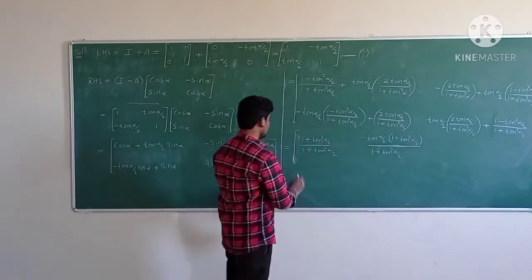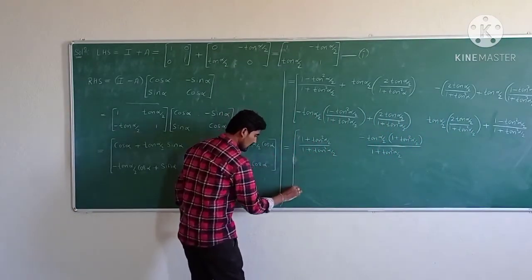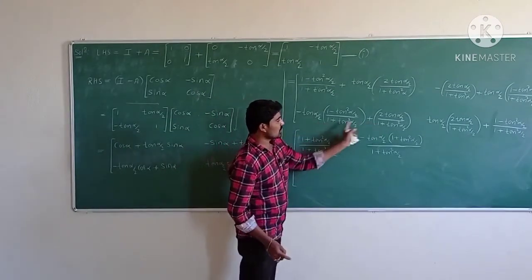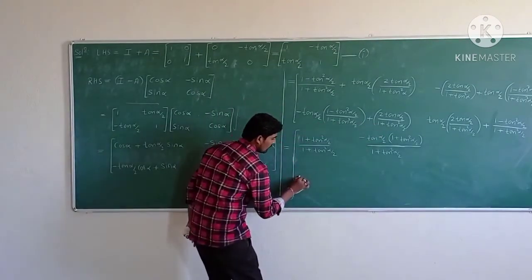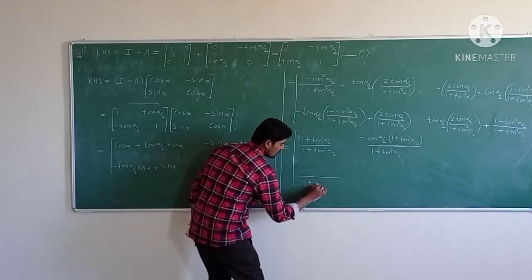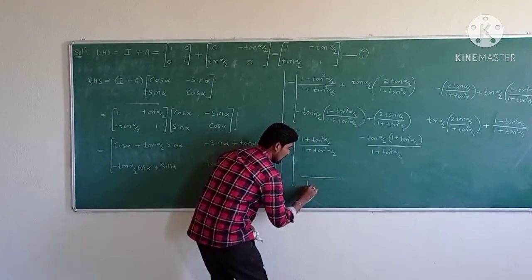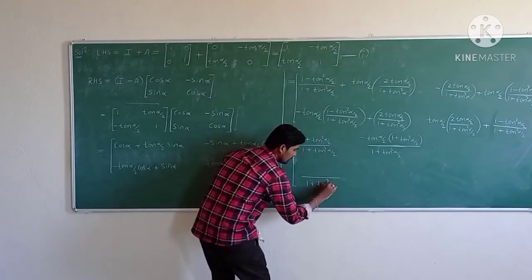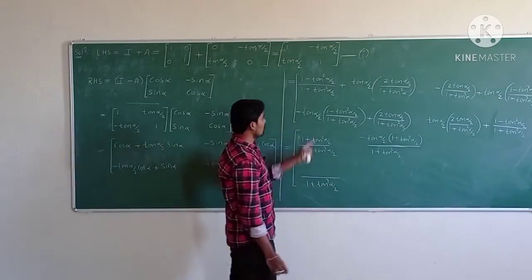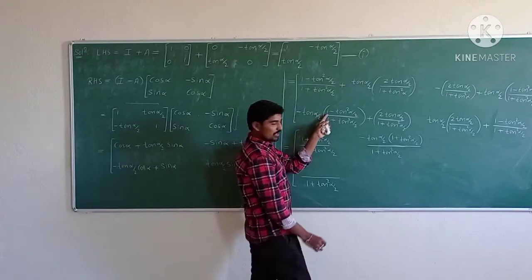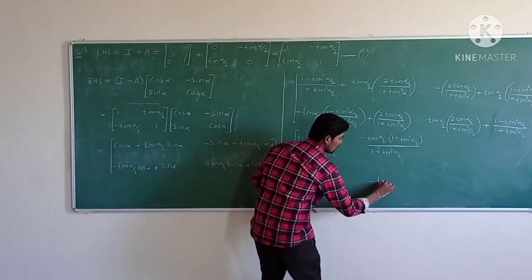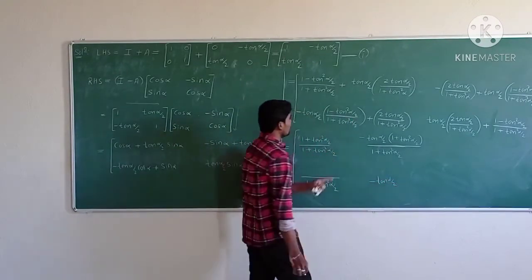And next, here also the LCM is 1 plus tan square alpha by 2. So now we go to minus tan alpha by 2 into 1, minus tan alpha by 2.